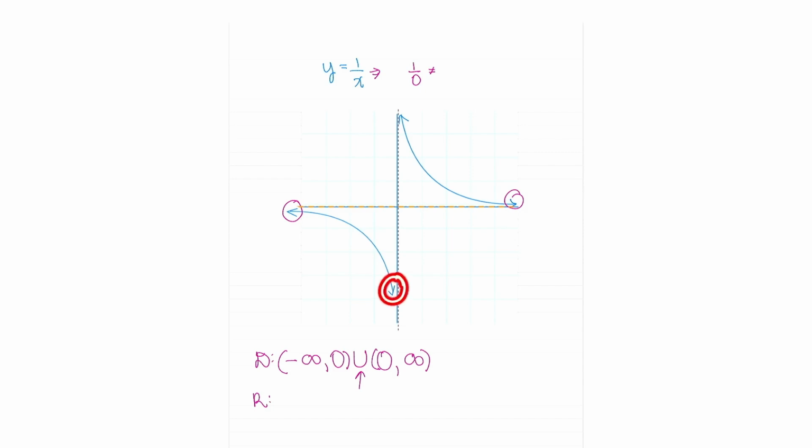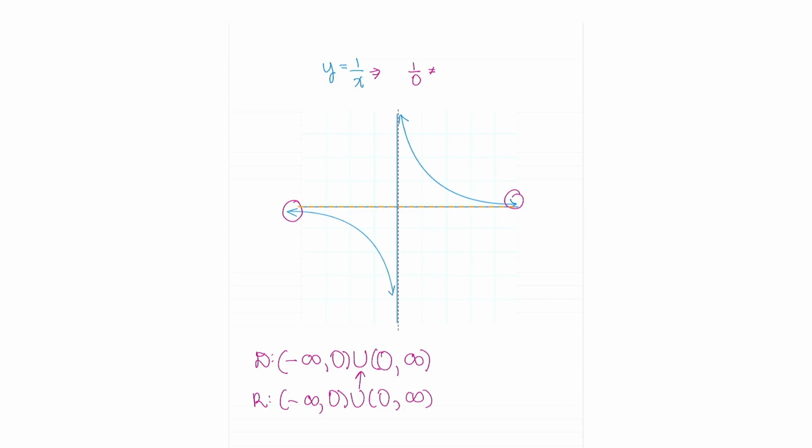It's going down forever, which means that negative infinity is a part of our range. Then it goes up and it stops at this 0 line, but then after 0, it continues to go up. So it's actually going to be exactly the same thing. But these are all of the possible y values for the graph.